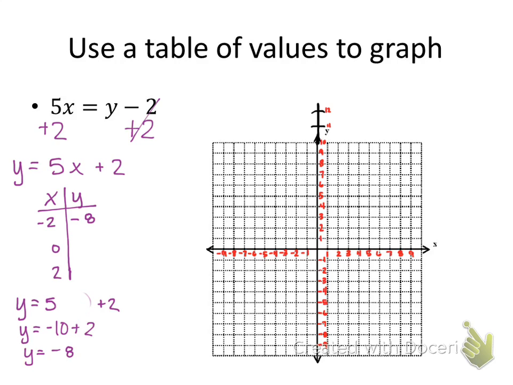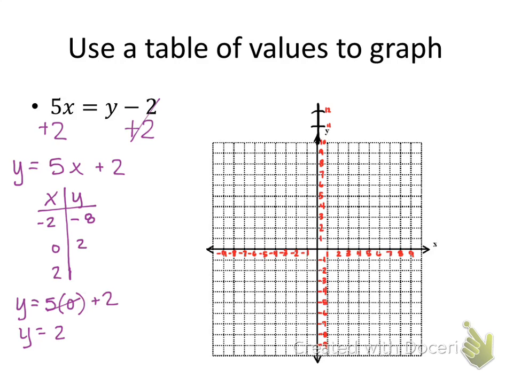Okay. Let's do the next number. When I plug in my next x value, what does my equation look like? Y equals 5 times 0 plus 2. Very good. What do I get as my answer then? 5 times 0 plus 2. Positive 2. Very good, because 5 times 0 is 0.